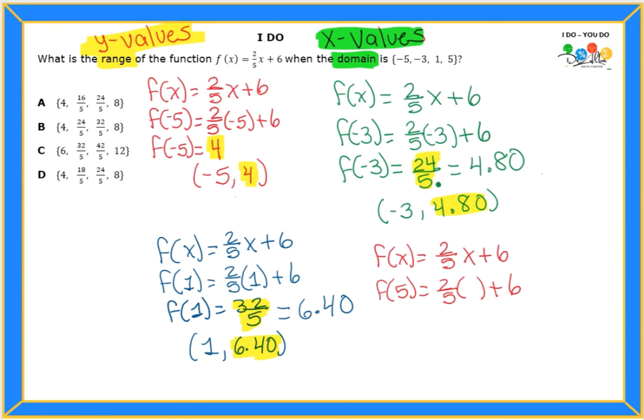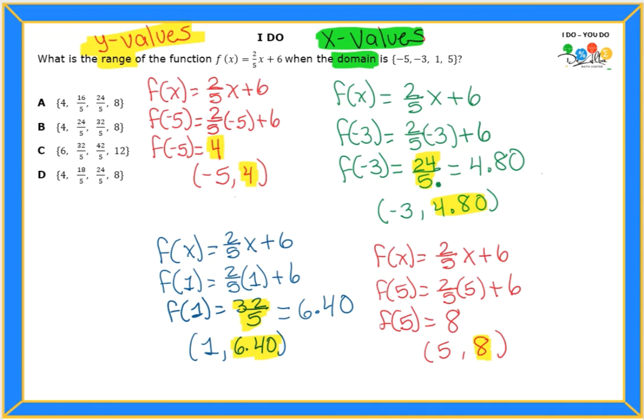Instead of x, I write a 5. So f of 5 is equal to, and you will get a whole number, right? You get an 8 for that one. So this means that when x is 5, the y value is 8. And again, I'm going to highlight 8 because that's my range.